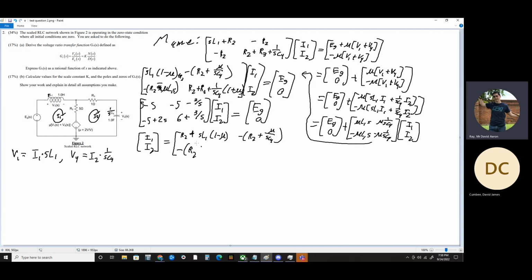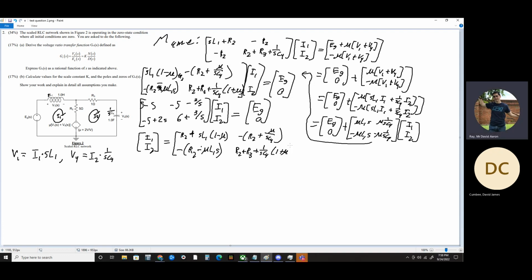Therefore, let me just keep running through this so I didn't make any other mistakes. Negative mu L1S. And the right one is supposed to be R2 plus R3 plus 1 over SC4 times 1 plus mu.